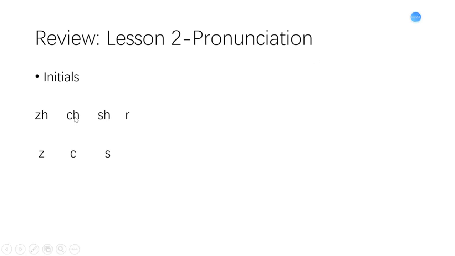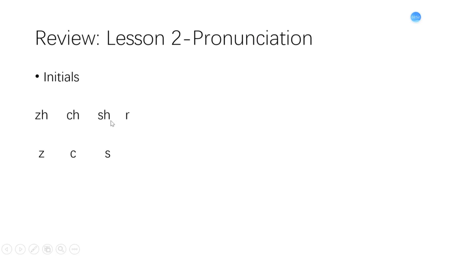So let's read again. 知, 吃, 诗, 日. For 诗 and 日, there is no block when we read these initials. There is a small gap, and you let the breath out of the mouth. 诗 is voiceless, and 日 is voiced.